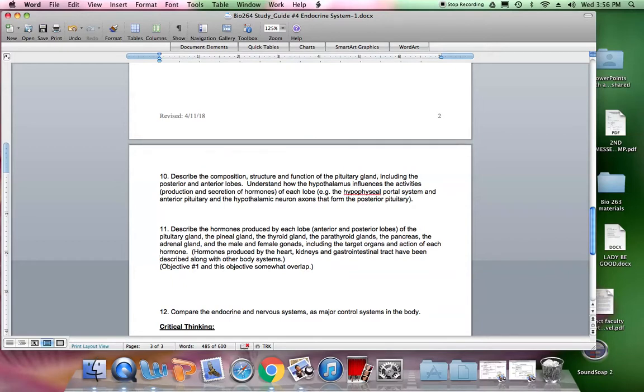Okay. The adrenal gland, remember those, each adrenal gland has two distinct regions. The inner region is the adrenal medulla, which produces adrenaline, otherwise known as epinephrine, and norepinephrine, or noradrenaline. And then the adrenal cortex has those three layers that produce corticosteroids.